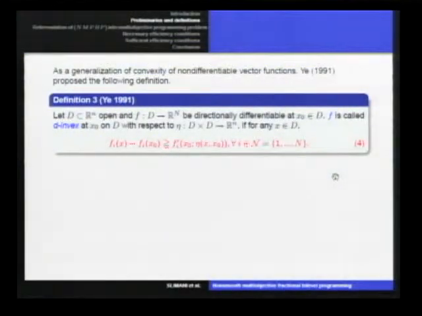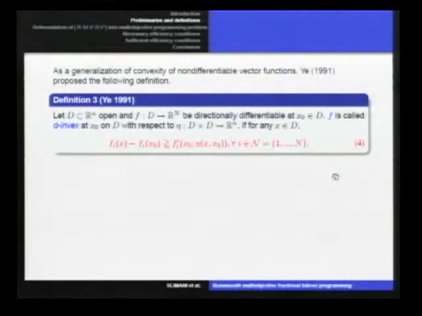As a generalization of convexity to non-differentiable vector functions, Ye proposed the following definitions. If you have a function which is directionally differentiable at x0, f is said to be d-invex at x0 in the direction with respect to eta if for any x belonging to D, relation 4 is satisfied.